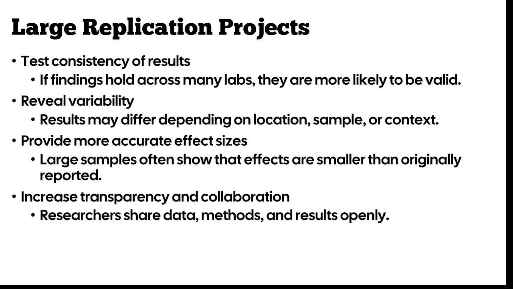So we might discover that our results are going to be different depending on our location, our sample, our context. That adds another layer of depth to the original study. We might also see more accurate effect sizes, because the larger your sample gets, it often shows that effects are smaller than they were originally reported.